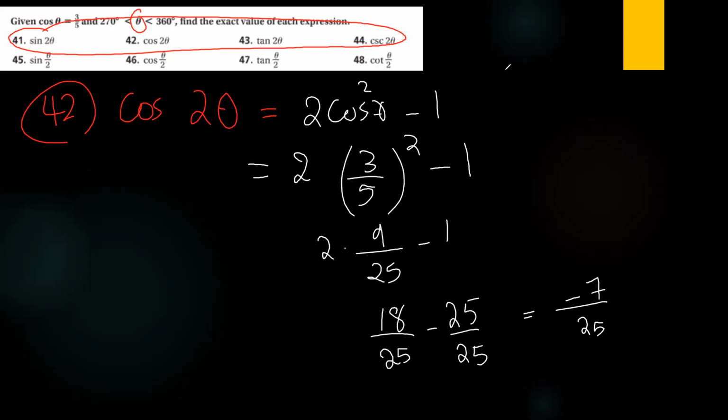Yes, keep it as negative. Since the answer here is negative 7 over 25, keep it as negative. Is it clear? Yes, teacher, thank you. Still in quadrant 4? Yeah, even in quadrant 4, keep it as the answer you find. It is negative 7 over 25, keep it as negative. Okay.